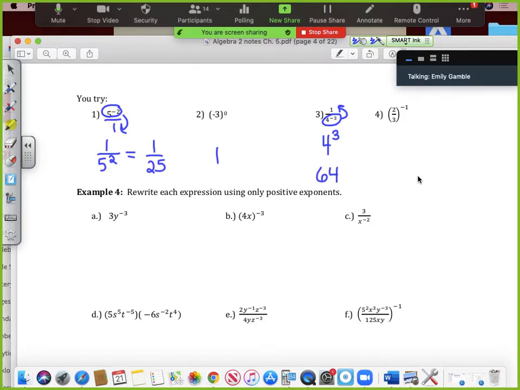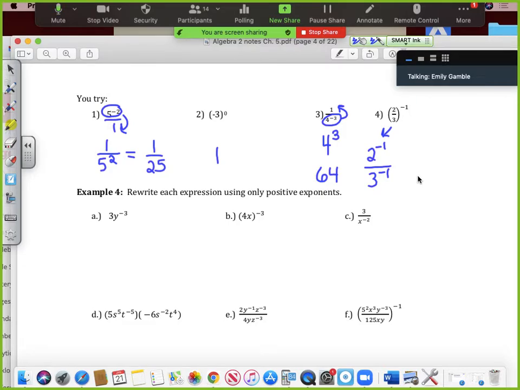And then 2/3 to the power of negative 1. There's 2 ways to solve this problem. One way we can solve this is by using the quotient to a power rule and give the 2 the power of negative 1 and the 3 the power of negative 1. Then we can simplify that from there. Both of these numbers have negative exponents, so both of them need to move from their current location.